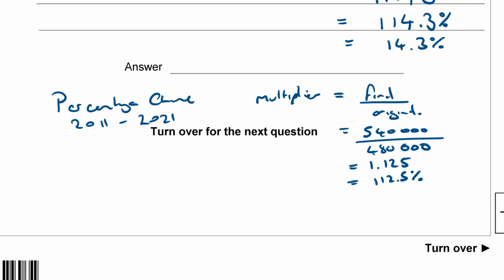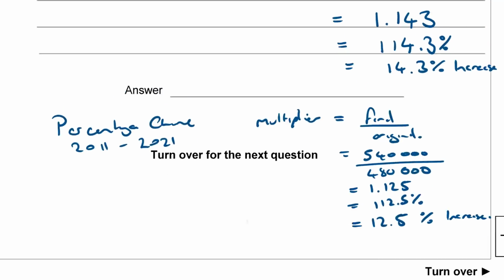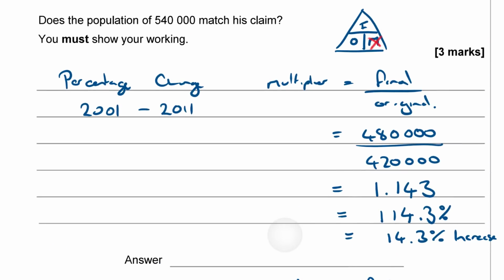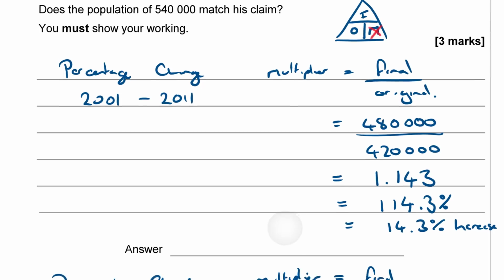I should have written increase over there. 14.3 increase there, and here it is a 12.5% increase. So they are different percentage increases. So what's the answer? Does the population of 540 match his claim?